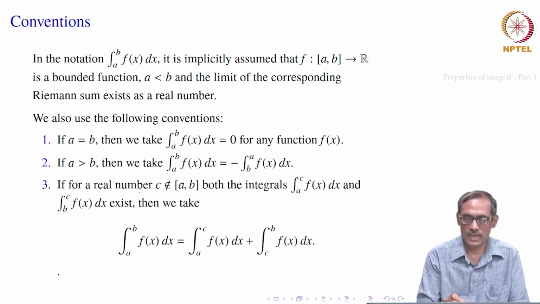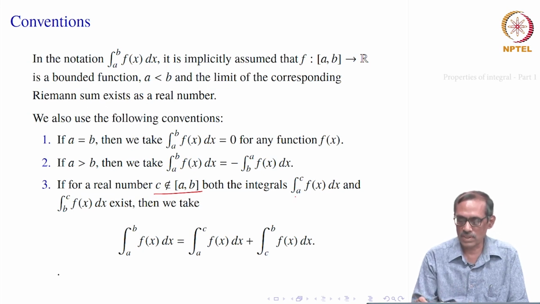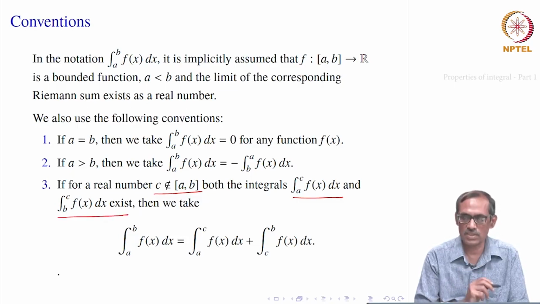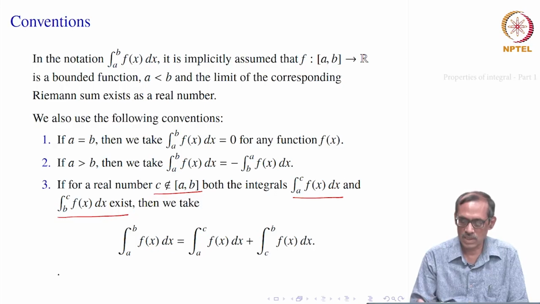So, again if a real number c does not belong to a b, then both these integrals a to c f x and integral b to c also exist. In that case, we will say that a to b f of x dx equal to a to c f x plus c to b f of x. As we have seen, if c is say bigger than b, then a to c and c to b will become now b to c with negative sign.